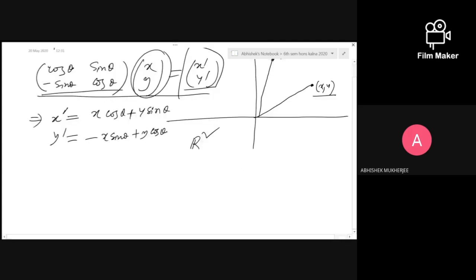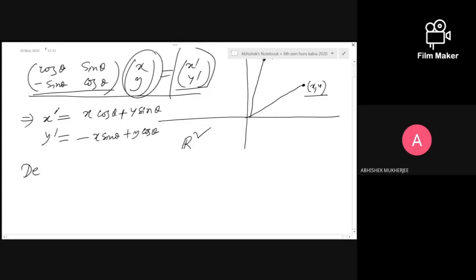Now in general we shall define that first of all we consider a group and suppose X be any set.